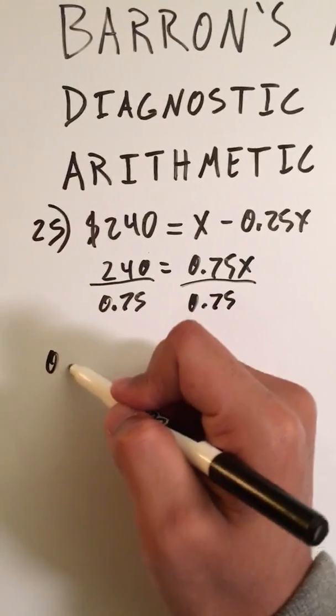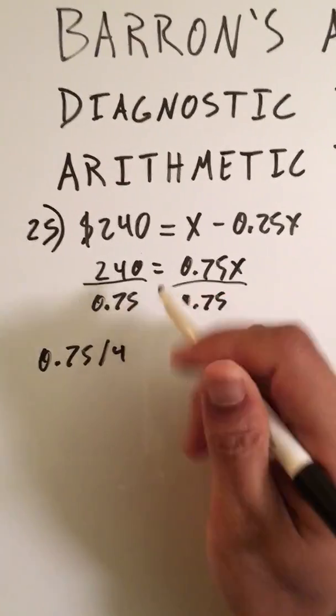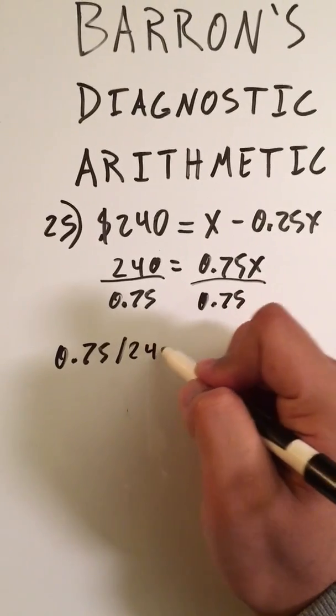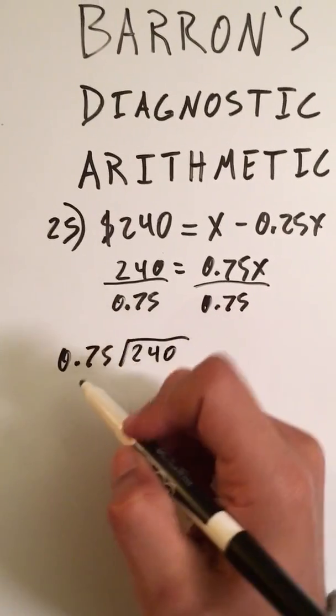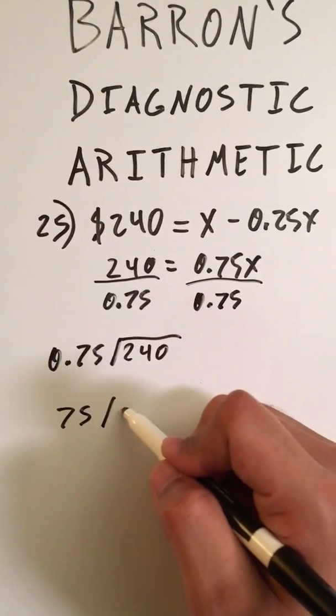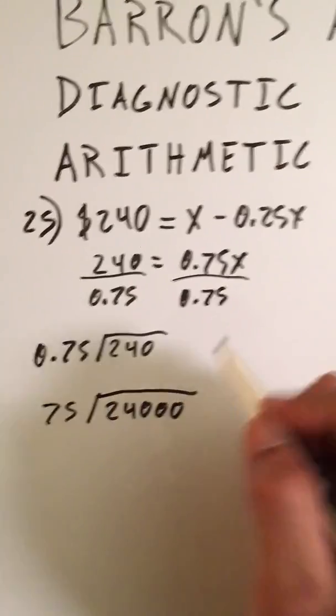We have 0.75 goes into 240, and that would be 75 goes into 240 with an additional 2 zeros.